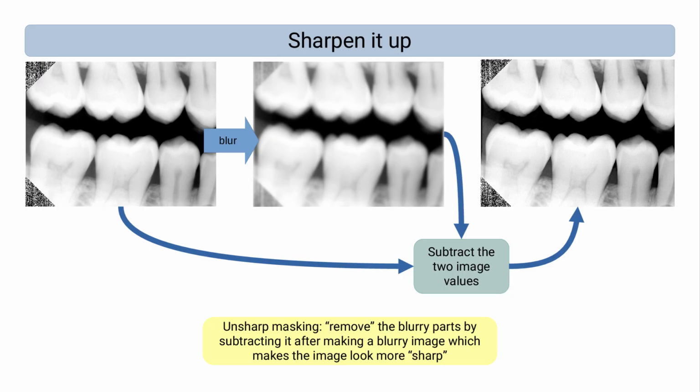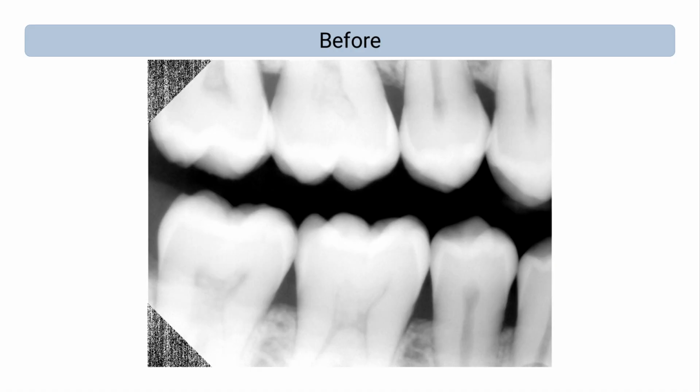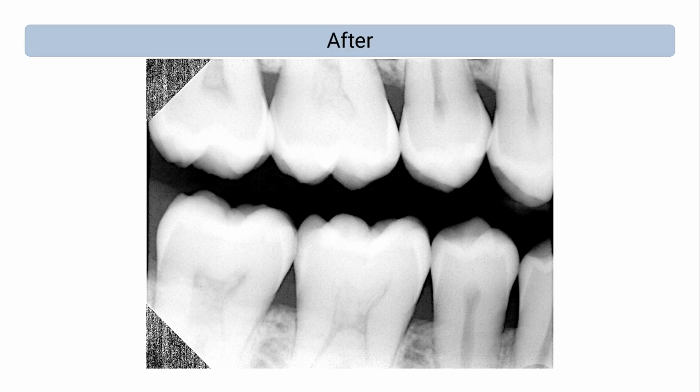By doing that, you tend to remove any pixels that are very close in value and really highlight the differences in pixel values. So in situations where you want to see anything like a lesion or something that has very subtle pixel differences, sharpening it up using the unsharp mask can be very useful. So back to our example, here is the before image. And this is after using the unsharp mask.